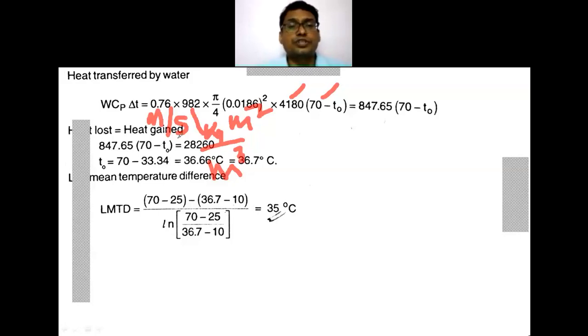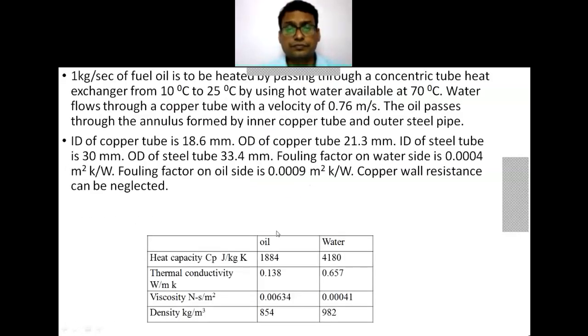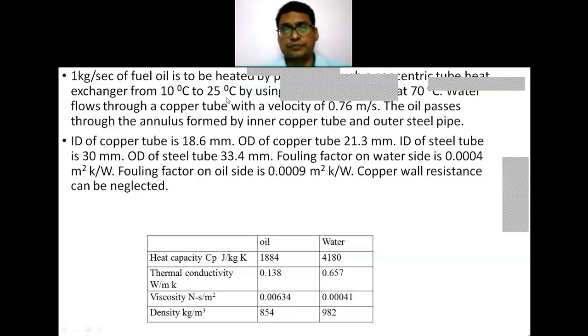So heat lost is equal to heat gained. We can calculate the heat gained by the oil by considering m Cp delta T, that is the mass flow rate of the fuel oil, m, Cp mentioned here as 1884, into the delta T of 15 degrees Celsius.